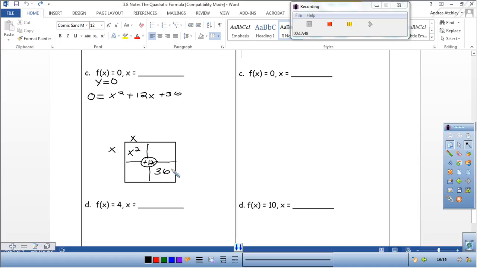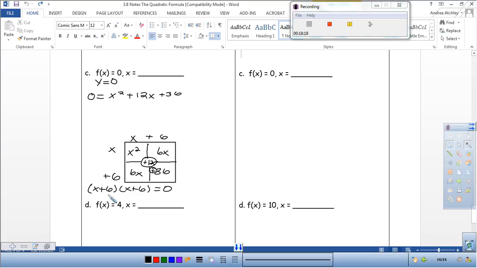Okay, what multiplies to 36? 6 and 6, good. Okay, so this will be 6x, this will be 6x. If I add these two, because 36 is positive, if I add them, do I get 12? Yep. So everything needs to be positive. Okay, so then my factors are x plus 6 times x plus 6 and equals 0.